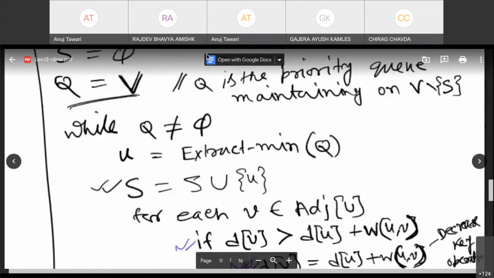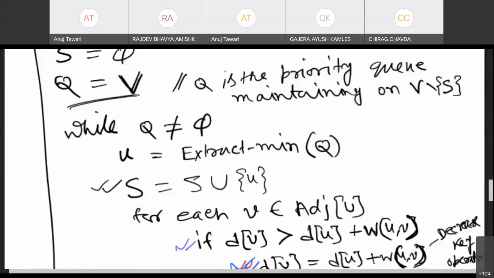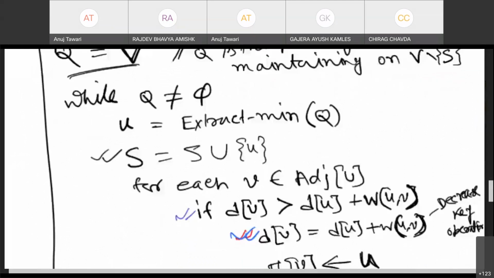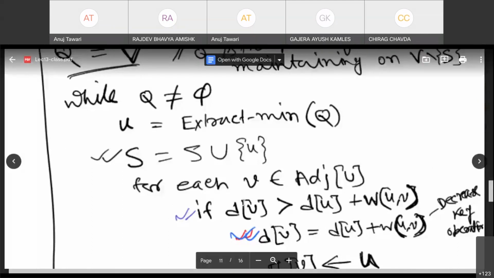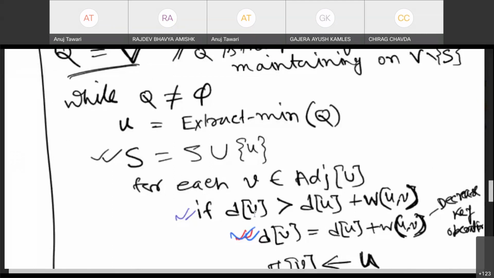And then we do this relaxation operation, which is that you look at all the neighbors of u. What happens here is that we are given some value dv.